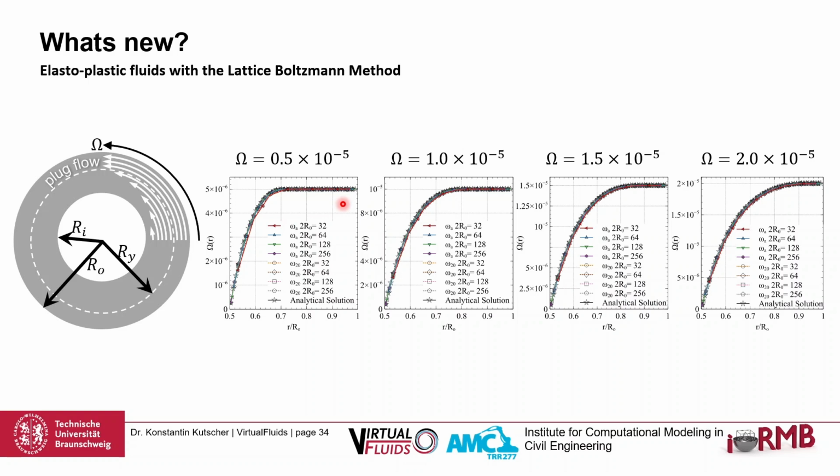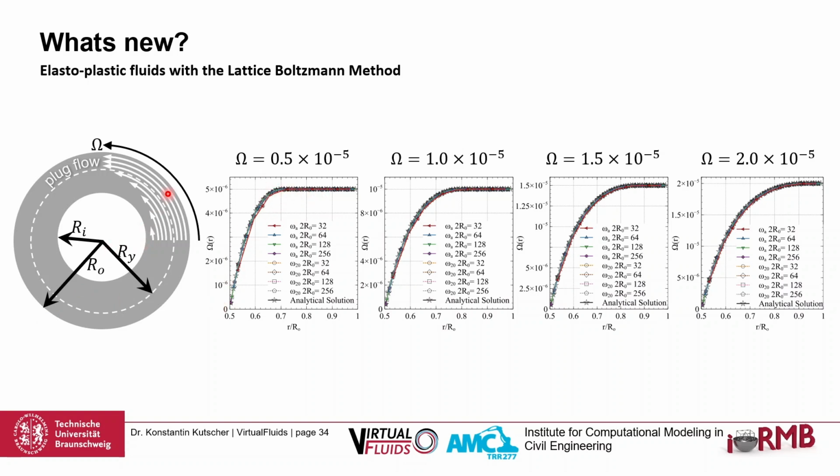This plug flow means that, on this axis is the position, the radius, and this is the rotation speed, the velocity.